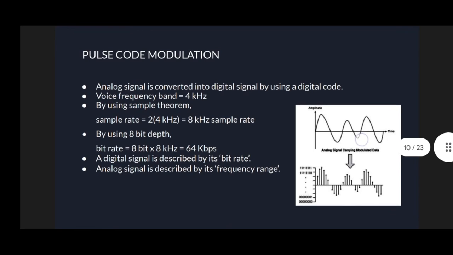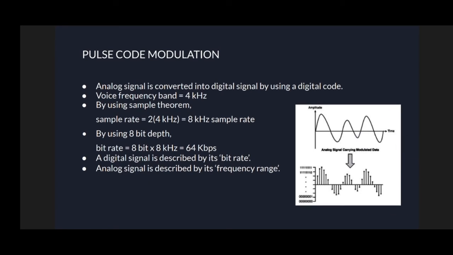For pulse code modulation, or PCM, the analog signal is converted into a digital signal by using a digital code. The voice frequency band is 4 kilohertz. By using the sampling theorem, sample rate is 2 times 4 kilohertz, so we get an 8 kilohertz sample rate.